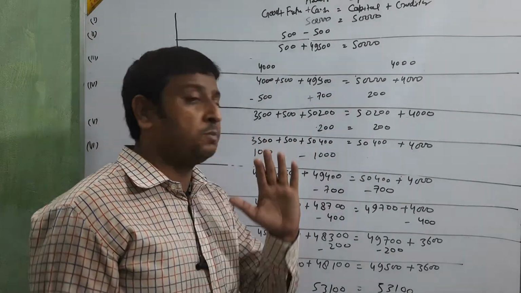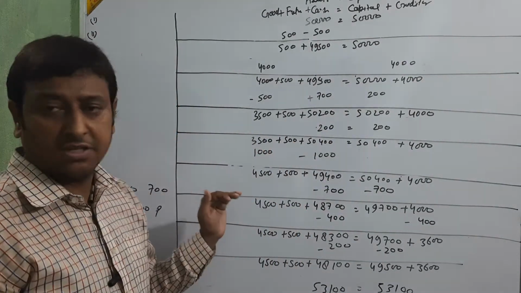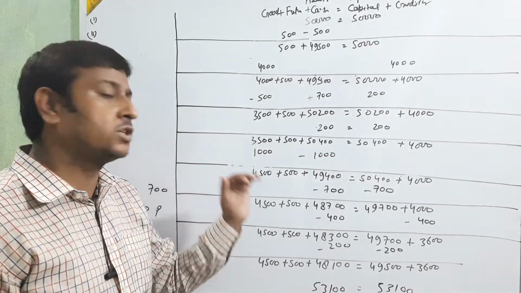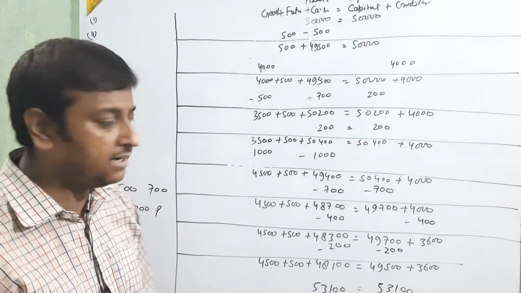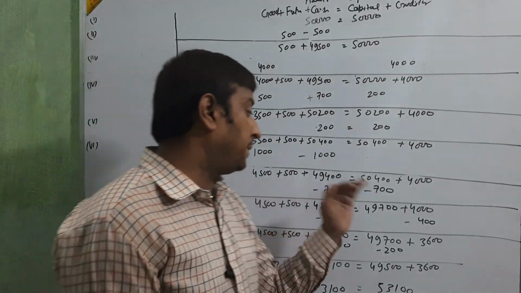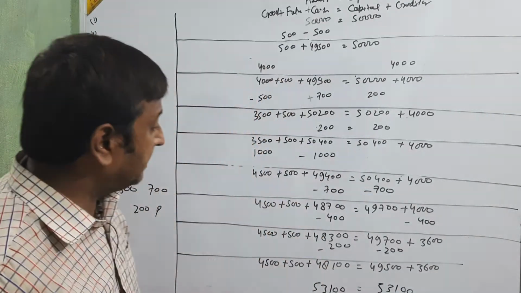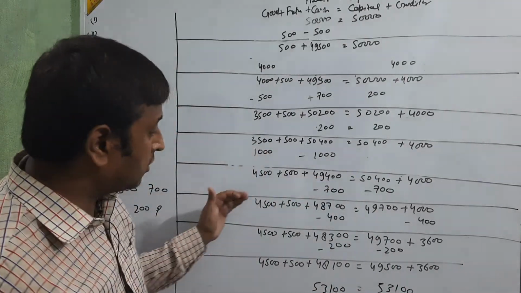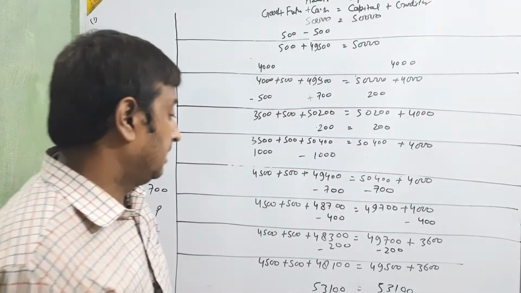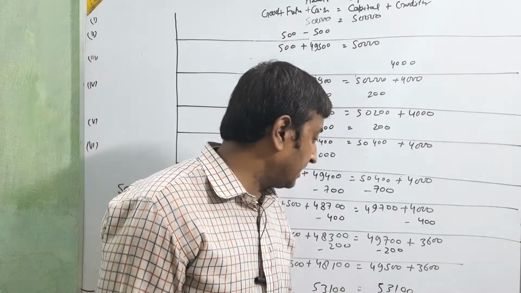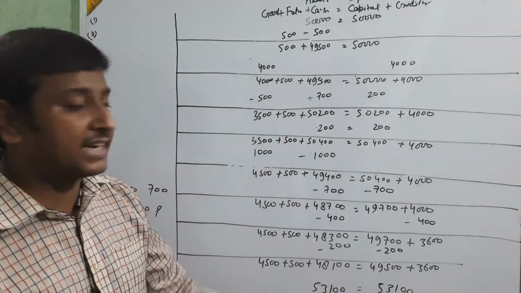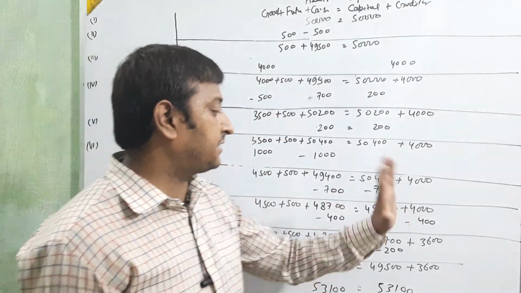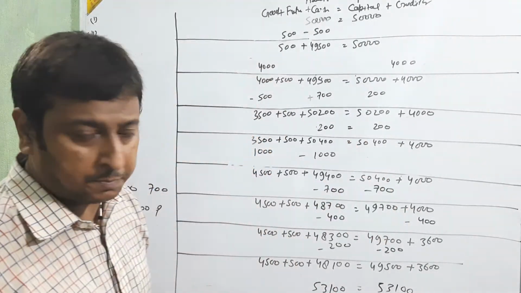Then you purchase new goods of 1000 in cash, so add in goods 1000, less from cash 1000. Next you pay 700, then less 700 from cash and less 700 from capital. Next you pay 400, less 400 in cash and less 400 from the creditor, okay, because you are paying.